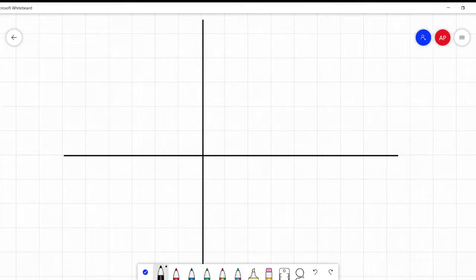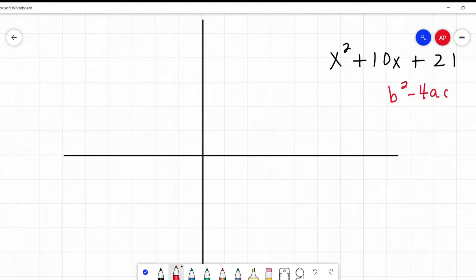Glad I can help. All right, here's our first one. x squared plus 10x plus 21. I'm going to use my little discriminant, b squared minus 4ac.